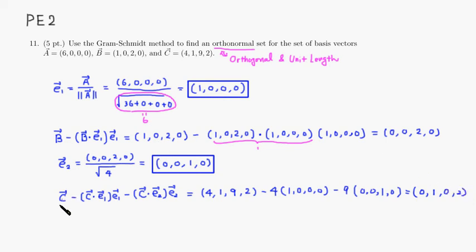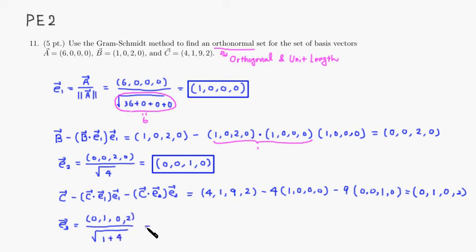The last thing we need to do is make sure this is unit length. So E3 is the vector 0, 1, 0, 2 divided by its length, which is the square root of 0 squared plus 1 squared plus 0 squared plus 2 squared, which is 4 plus 1, so the square root of 5.